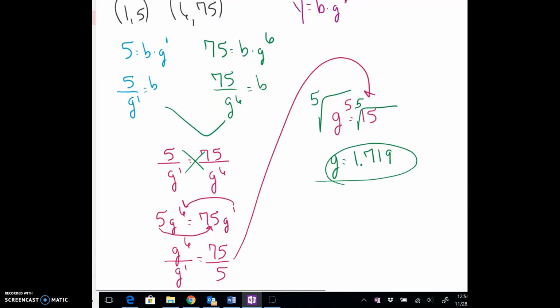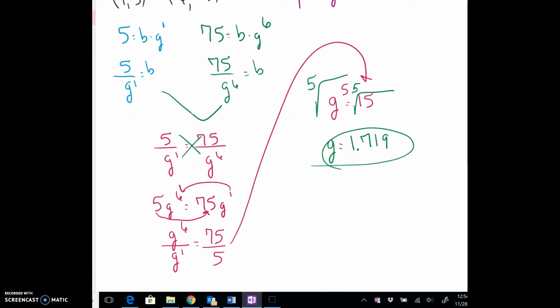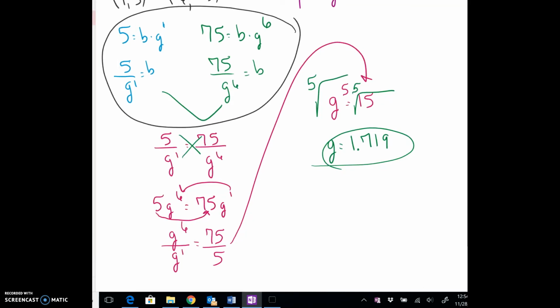So now, again, I'm halfway there. I need to go back, and I'm going to figure out what b is. So to find b, I should go back to my 4 equations that had b and g. Again, I've got the ones in blue on the left, the ones in green on the right. The ones on the right are just too big of numbers, so I'm going to use the ones on the left. And which one would I rather use to find b? This one.